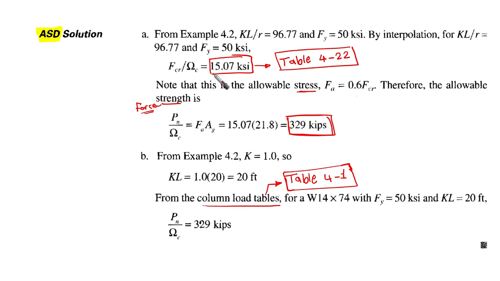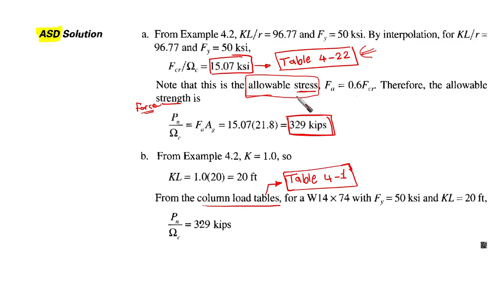It is 15.07 ksi. This is from table 4-22. Note that this is the allowable stress. It provides for us Fcr over omega c.